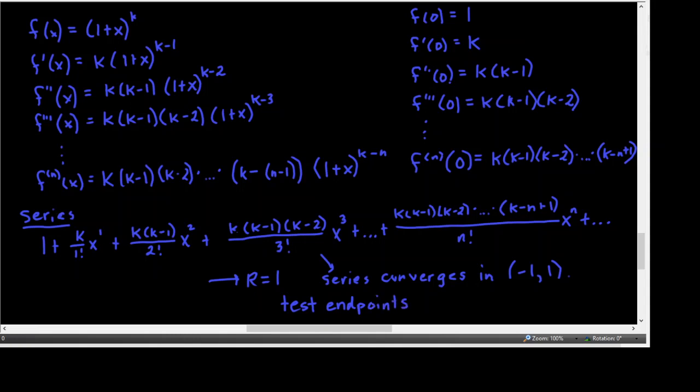So if you have a problem like this, you'll have to use that particular k and then test the series at the endpoint when x is -1 and when x is 1. And like I said, sometimes they'll be included, sometimes they won't, or one will and the other one won't. So you do have to test that. All right, I'm going to stop this for now and go to another part of this series of videos.